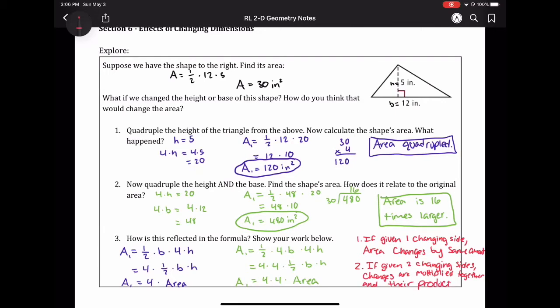If you don't remember, the product means it's the answer to a multiplication problem. So their product is how much the area changes.